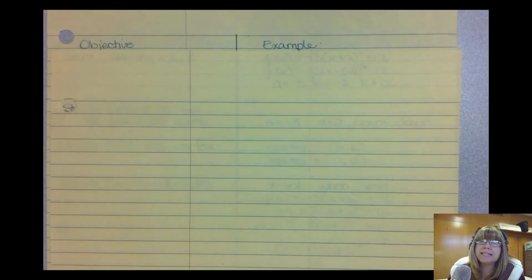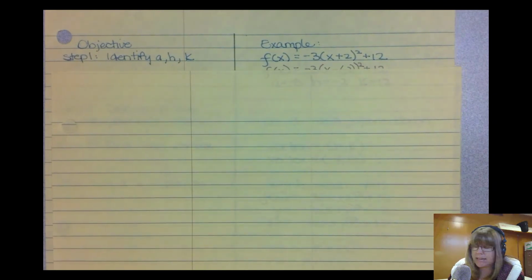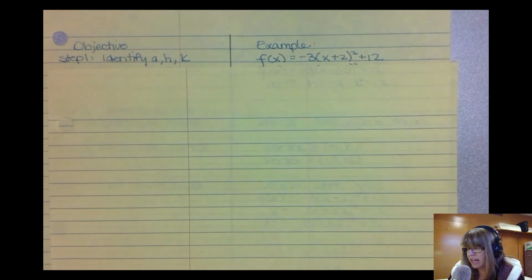Let's run through an example with all the steps that we're going to need to figure out a standard form for our quadratic function. So first, we want to identify our a, our h, and our k. So for example, let's say f of x equals -3 times (x plus 2) squared plus 12.